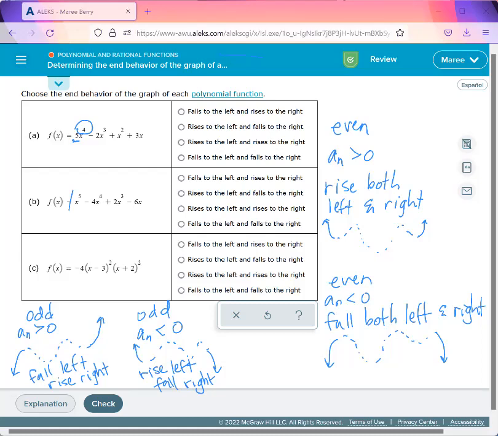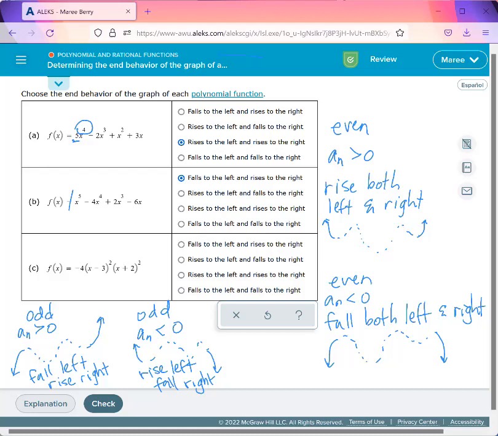Now we're going to answer these questions. We have 5x to the fourth. It's even and positive, so it rises to the left and rises to the right. In this next case, 5 is odd and the coefficient 1 is positive, so it falls to the left and rises to the right.